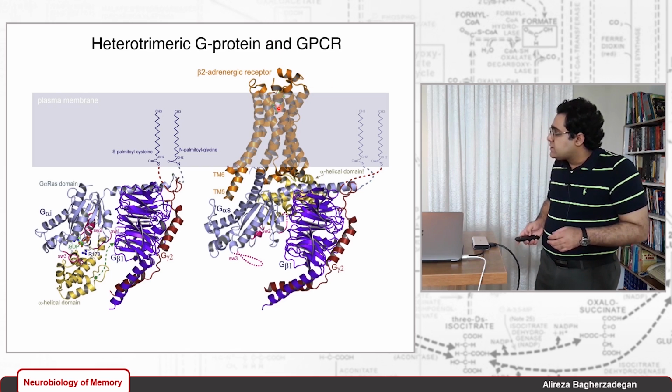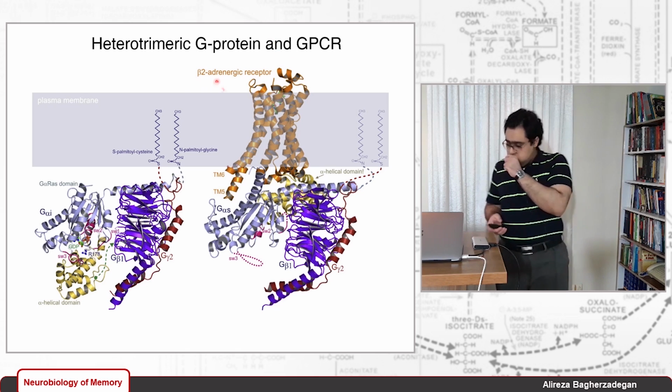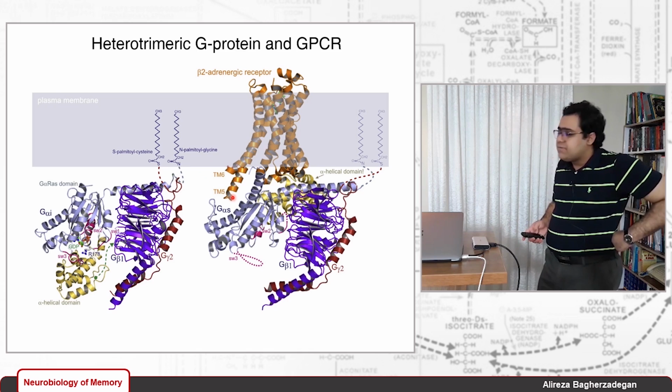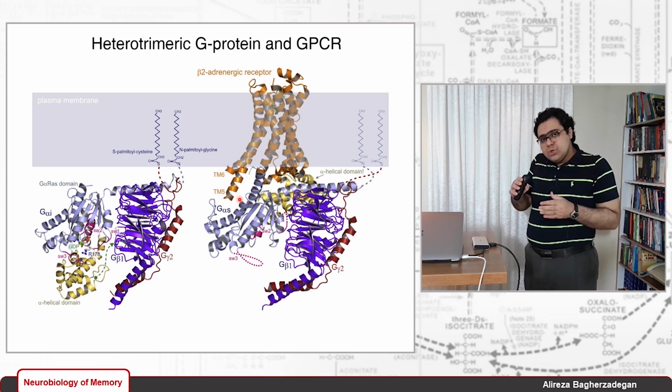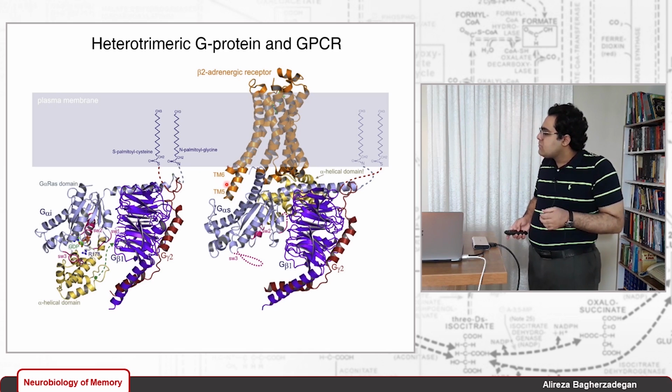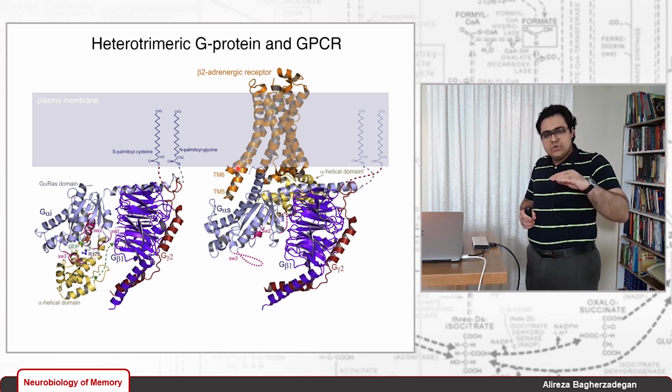When a ligand binds to a G protein coupled receptor, particularly this one, a beta-2 adrenergic receptor, its TM5, or transmembrane alpha helix 5, is extended by 2 helical turns, and transmembrane alpha helix 6 moves outward by 14 angstroms.